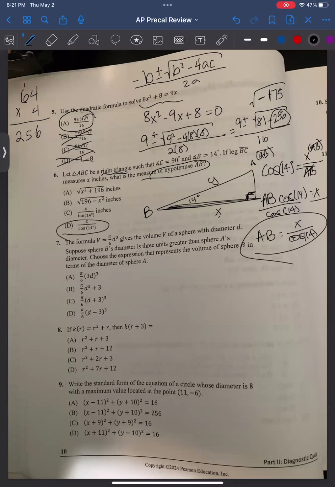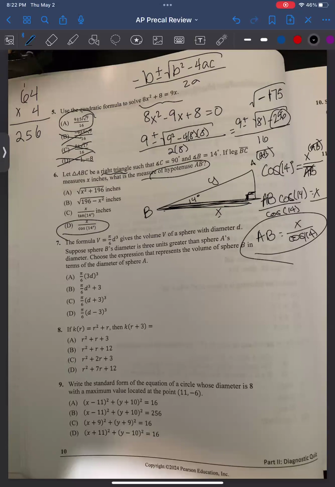Yay! So really, we just need to know cosine. Literally, the solutions to this question say SOHCAHTOA in it. So you just have to know SOHCAHTOA. You have to know that the cosine is going to be adjacent over the hypotenuse, and you have to recognize what are the sides that you have.